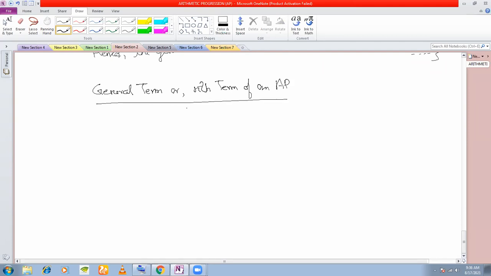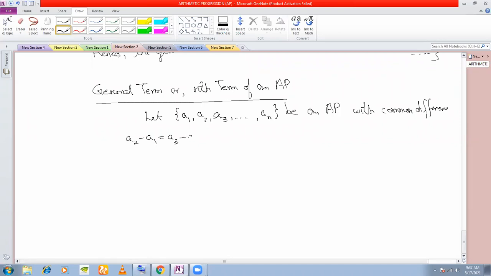Suppose A1, A2, A3 up till AN is an AP with common difference: A2 minus A1 is equal to A3 minus A2 is equal to A4 minus A3 and so on up till AN minus AN minus 1 is equal to D.